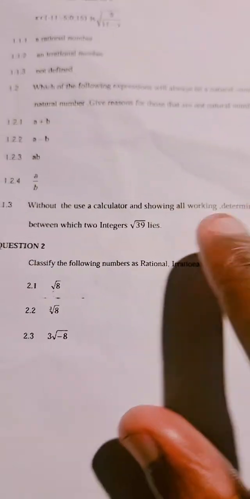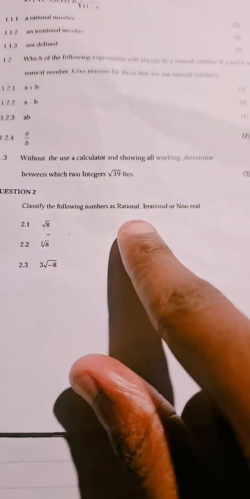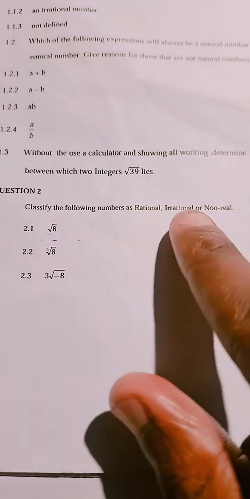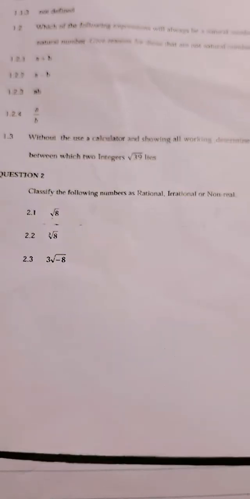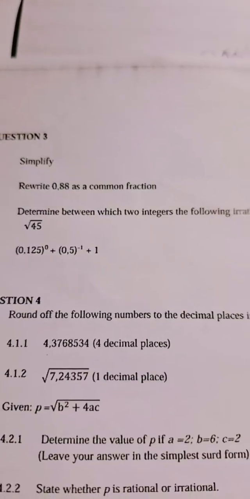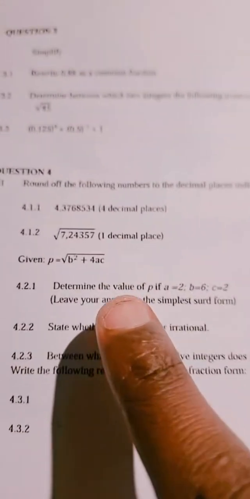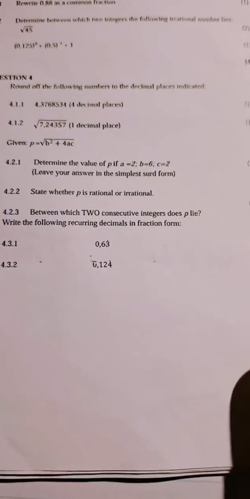Without the use of the calculator, you are able to determine between which two integers a number lies. You can classify whether a number is rational, irrational, or non-real, based on what you're seeing. You can rewrite decimal numbers as a common fraction. You can round off numbers to a specific decimal place.